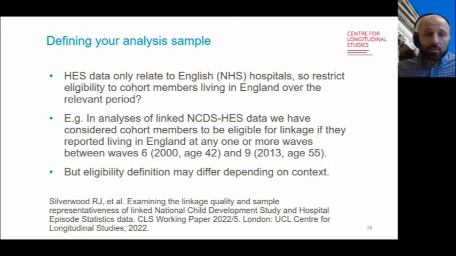We've considered cohort members to be eligible for the linkage if they reported living in England at any one or more of the waves between wave 6 when they were age 42 and wave 9 when they were age 55. And these dates most closely match the period of HES data availability. So we're trying to place them within England for at least part of that period of time.